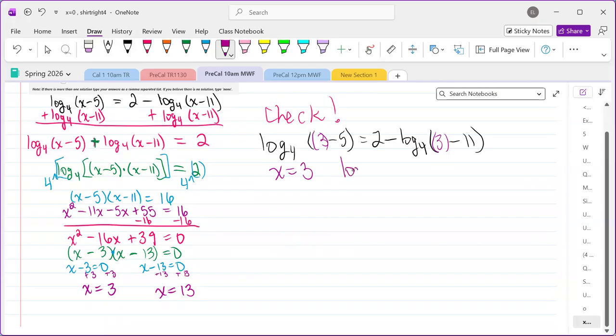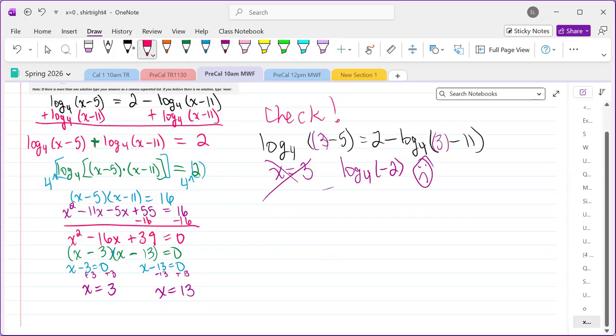That is log base 4 of negative 2. That is enough to throw out x equals 3. I can't take the log of a negative number. Even if only one of the logarithms is a negative number, that's enough to throw that answer out. It cannot be 3.